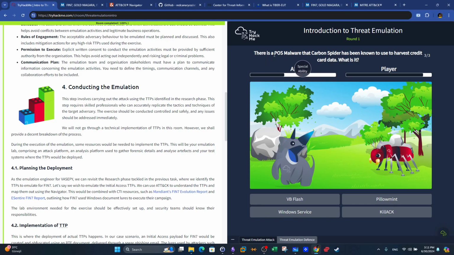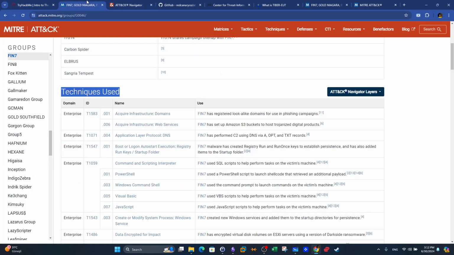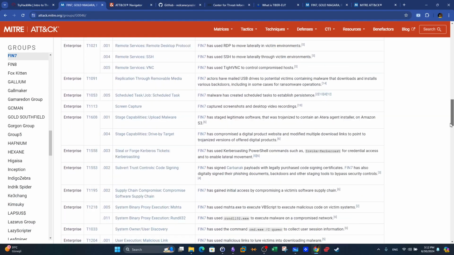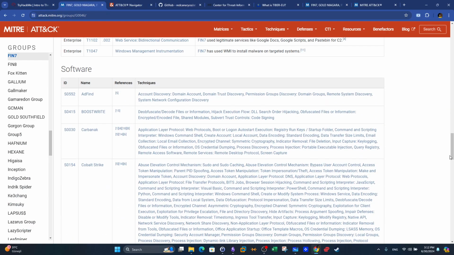Okay, there is a POS malware that Carbon Spider has been known to use to harvest credit card data. What is it? Now we're going to discuss the tools they used. In the software section, we have these tools that were reported to be used by this group. Some of these tools are community created tools, such as Cobalt Strike, right?